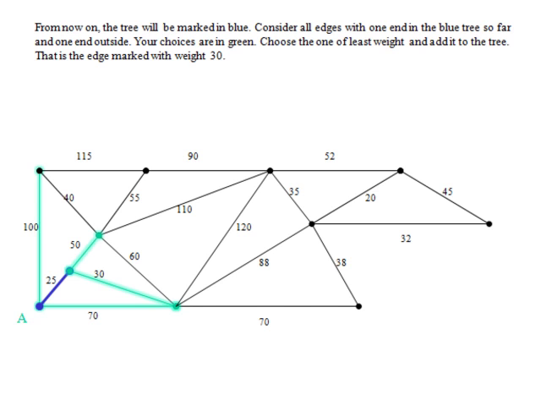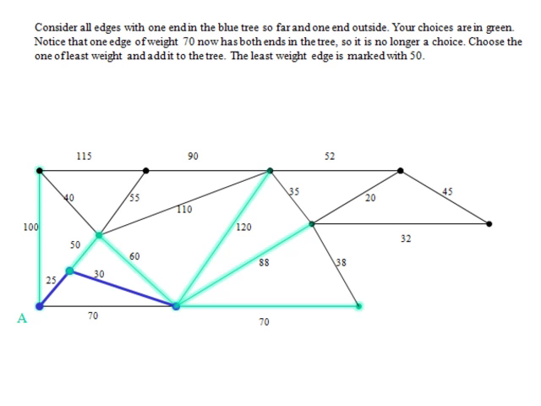So here in green I'm showing the edges under consideration, and I will choose the one of least weight, that's the 30, and include it into the tree. Once that is included in the tree, it gives me a new subset of edges under consideration, those with one vertex in the tree and one vertex outside of the tree.